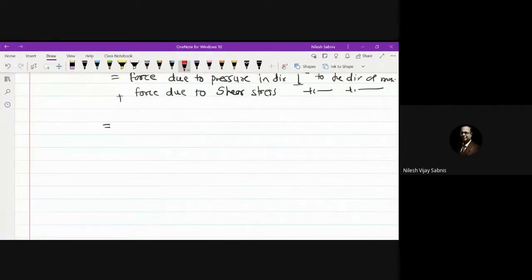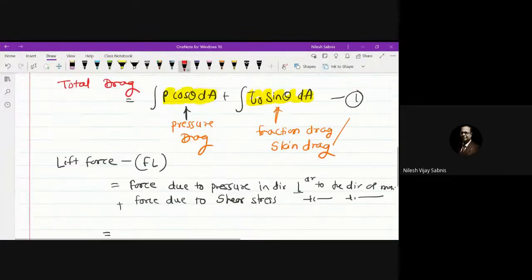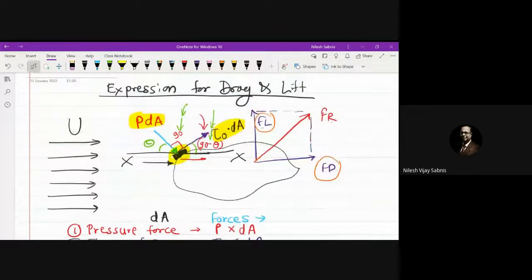Tell me, from the diagram. The first component is PDA sin theta.